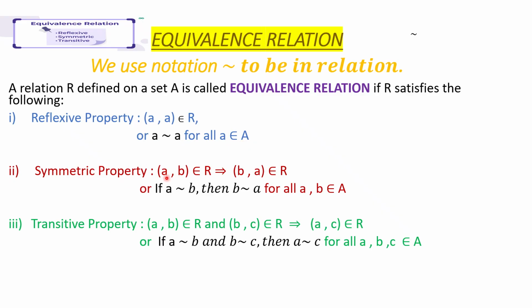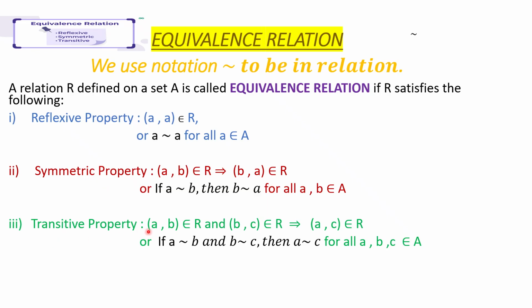Symmetric property: if a is in relation with b, then b will also be in relation with a, for all a, b which belong to the set A. This is the symmetric property.